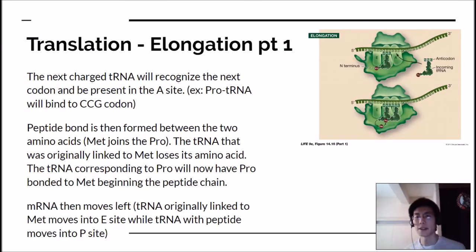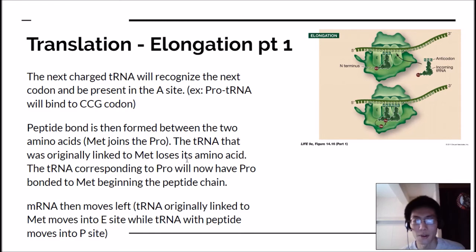If we move on to the next part, and that's elongation, we actually have more things happening. So the next charged tRNA is going to come in and recognize the next codon present in, for instance, the A site, and in this instance, the codon present, let's say, is CCG, and that codes for proline. And so the proline is going to zap in along with the incoming tRNA that has the proline attached to it, and it's going to recognize the site and bind.